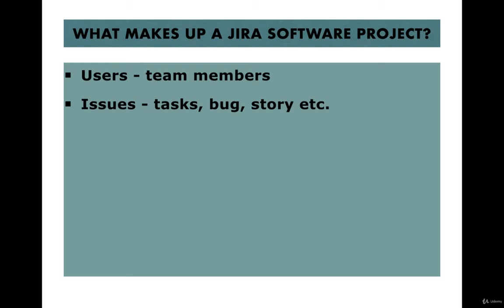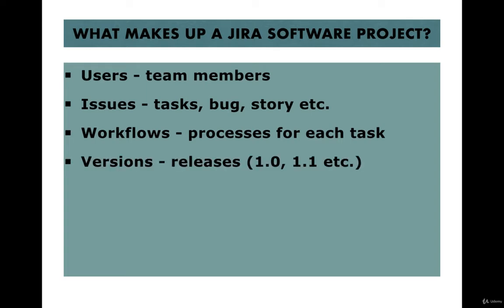So issues is another key thing which makes up a software project. Under issues, it can be a story, a bug, tasks, or subtasks. Then the underlying workflow or the process to move those issues from start to finish is another part of a software project.